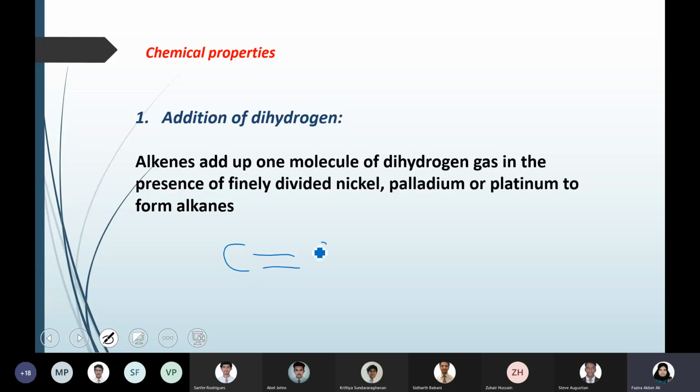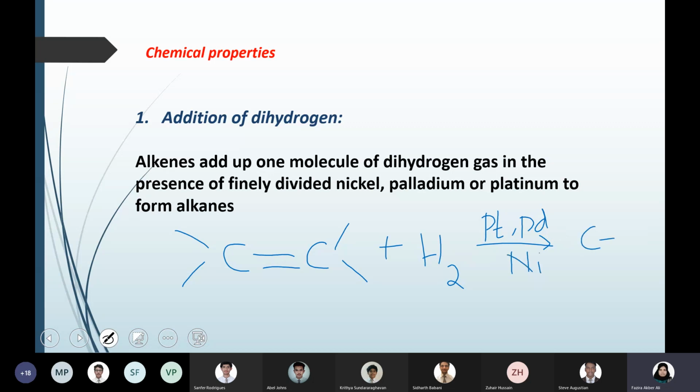They say that an alkene can add one molecule of hydrogen in presence of platinum, palladium or nickel and forms an alkane. Where have we discussed this reaction? Is it a familiar one?